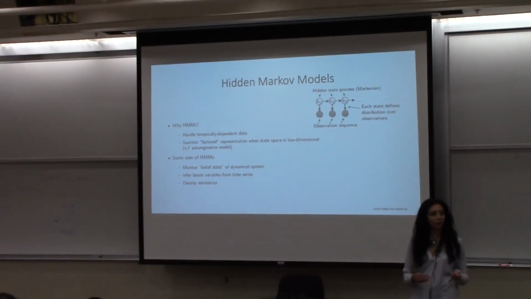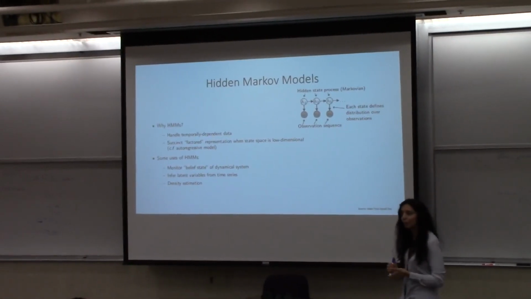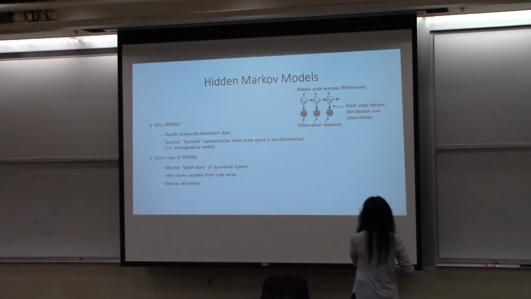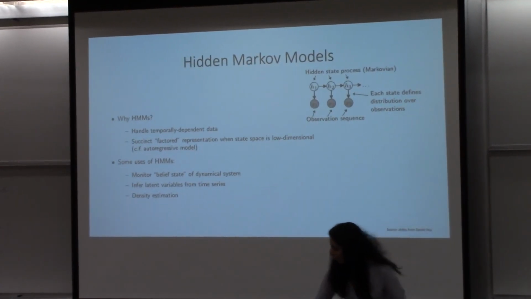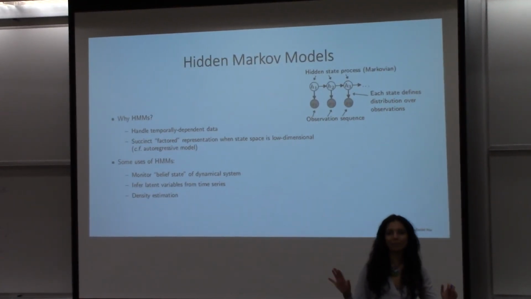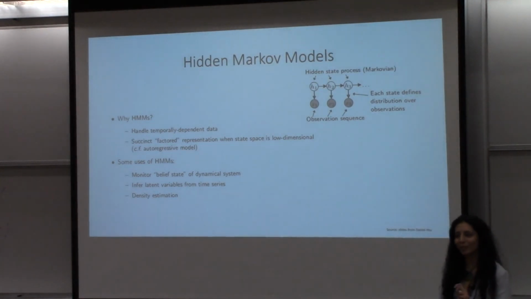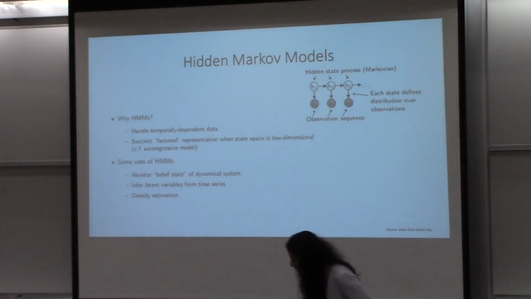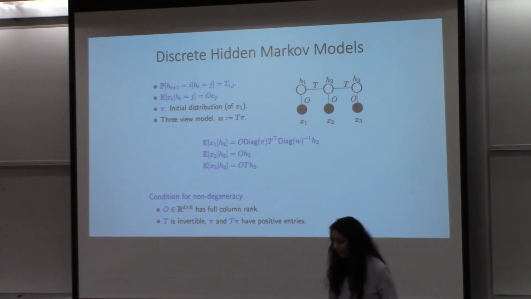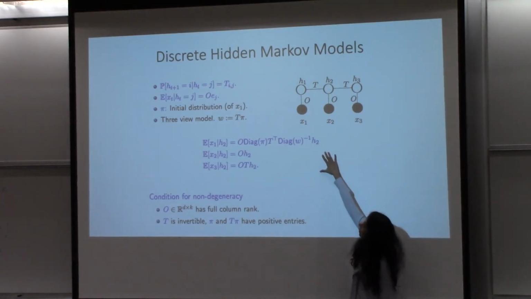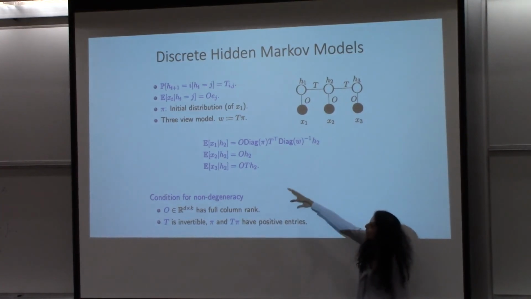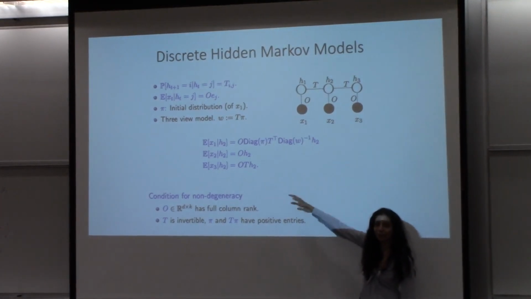So hopefully you've seen hidden Markov models before, and these are also hard to estimate because they have latent variables. These models may seem very different. At first glance the hidden Markov model looks nothing like a Gaussian mixture, but the key is again the same: what is the relationship between observed variables and hidden variables?